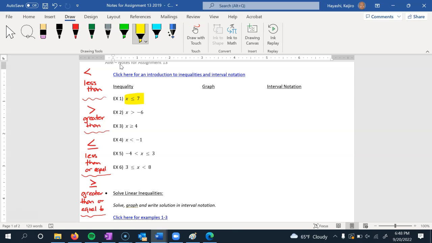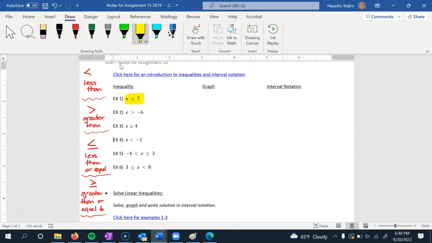So x is some number, right? We're sort of trying to figure out what it is. Just like for an equation, we try to figure out what x is. But boy, there are a lot of numbers that are less than or equal to 7. Can somebody name some numbers that are less than or equal to 7?